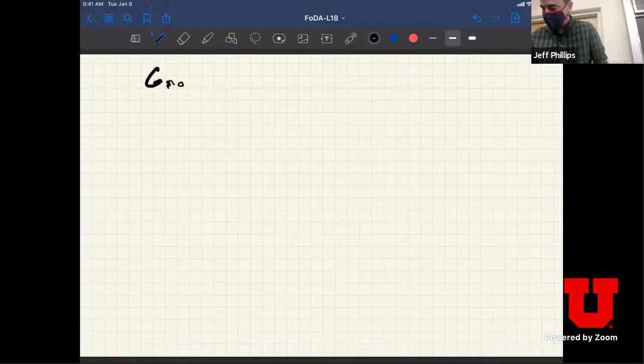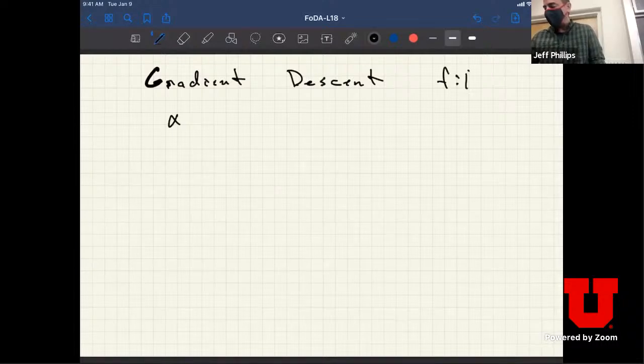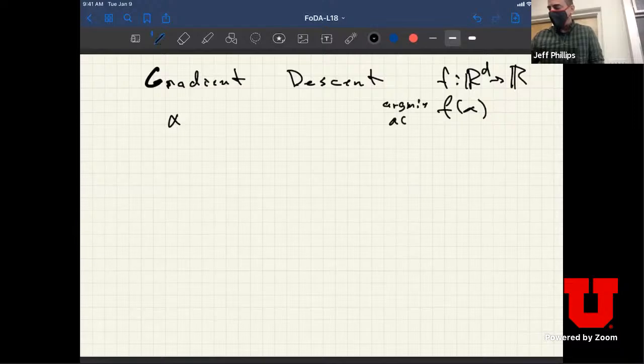Okay, so gradient descent. Again, we're trying to learn these parameters. We have some function from R^d to R, and we want to find the arg min over alpha in R^d, and we set alpha equal to alpha minus gamma_k times the gradient of f at alpha, right?